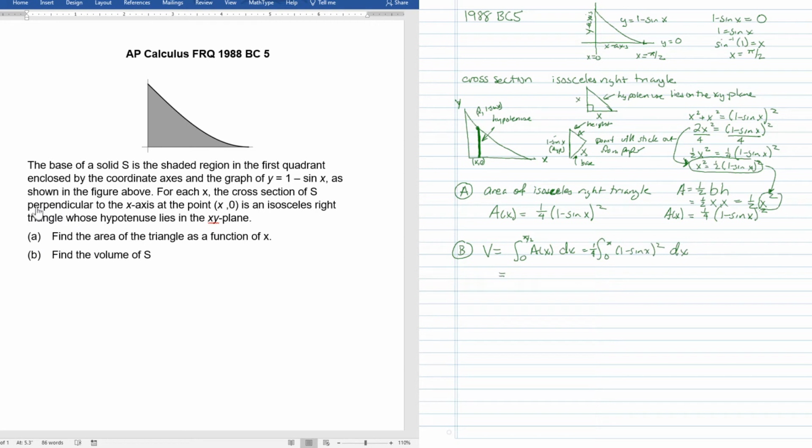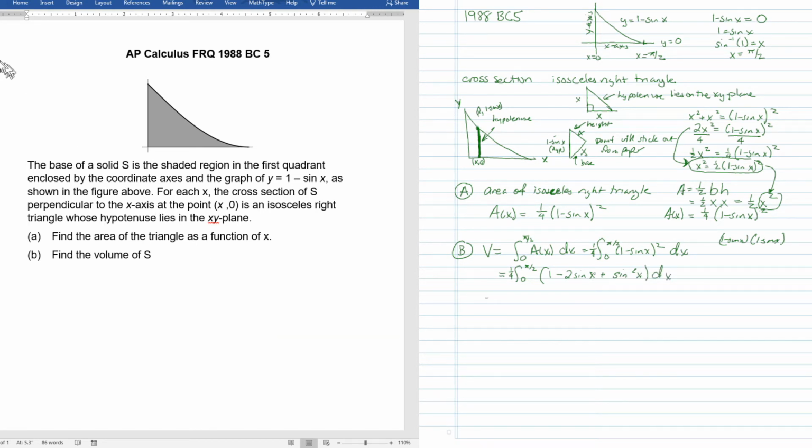If I work this out, this would be the same as 1/4 times the integral from 0 to pi over 2, that should have been pi over 2 back here, and foiling this out, remember 1 minus sine of x squared is 1 minus sine of x times 1 minus sine of x, it would actually be 1 minus 2 sine of x plus sine squared x dx.